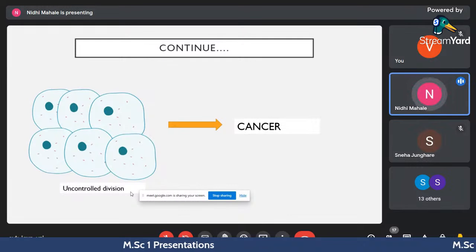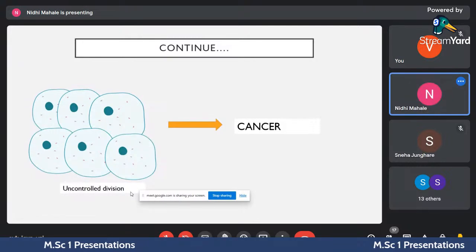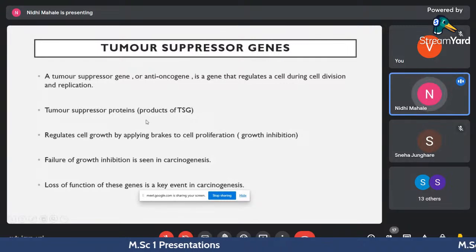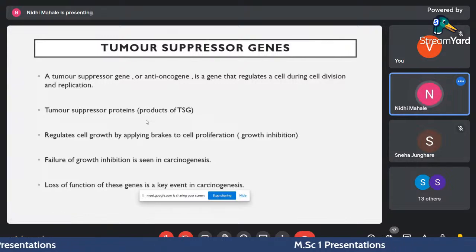It is important to understand that any loss-of-function mutation in a tumor suppressor gene would lead to cancer. The name tumor suppressor itself suggests suppression of tumor formation. A tumor suppressor gene or anti-oncogene is a gene that regulates a cell during cell division and replication.